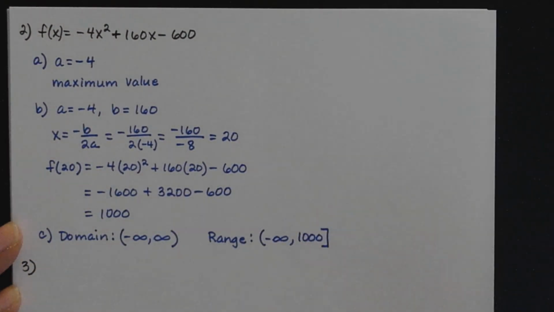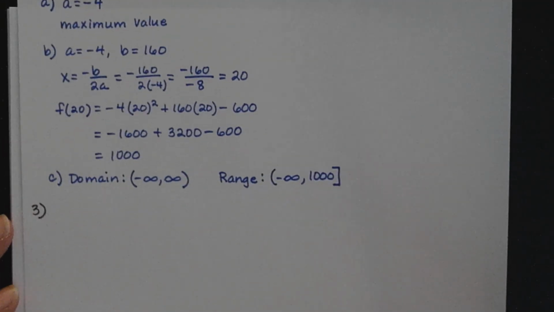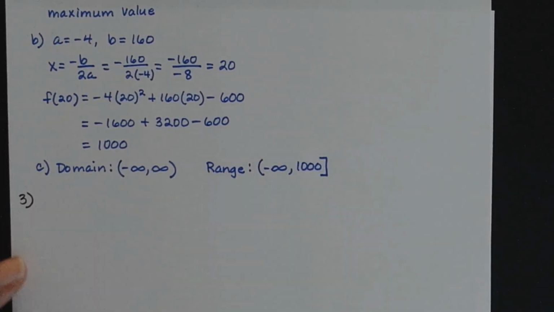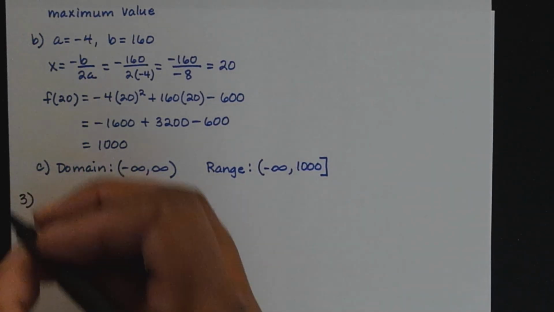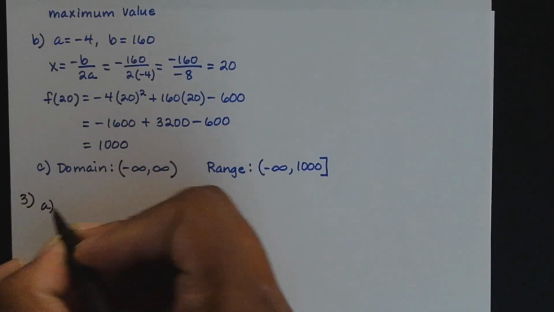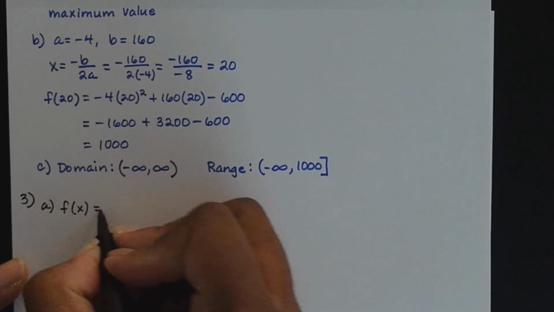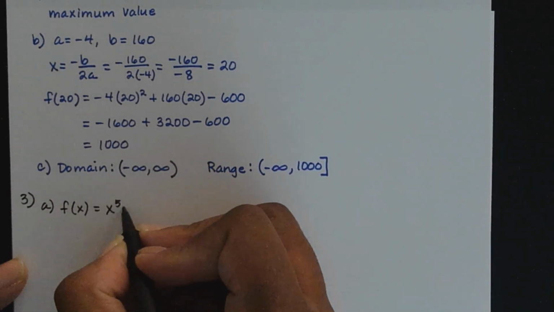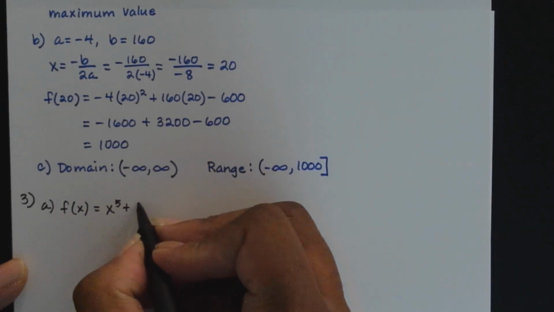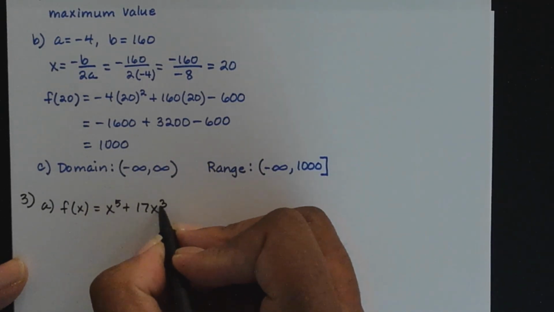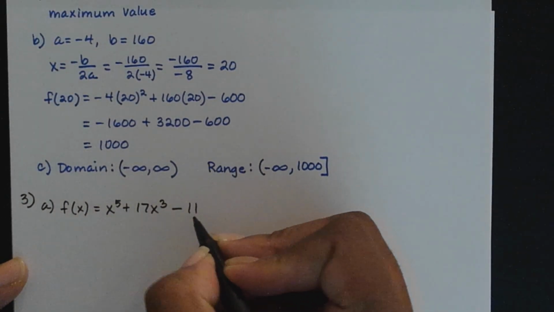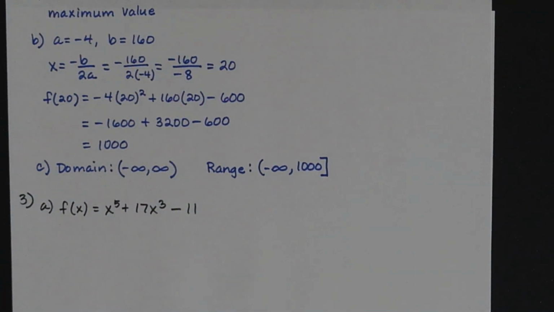All right, problem number 3 deals with the leading coefficient test, and that's from section 3.2. Here you're going to be using that leading coefficient test to determine the end behavior of each polynomial function.